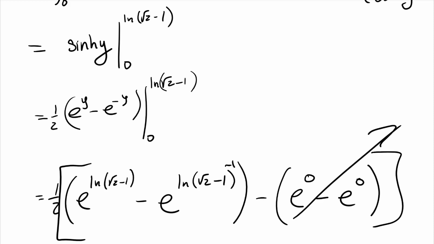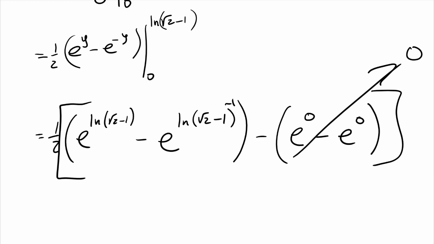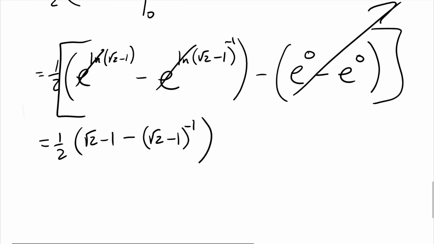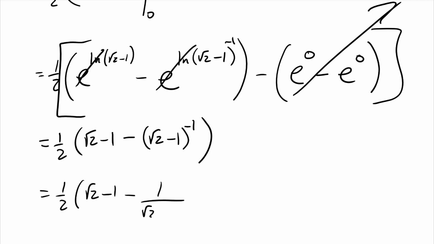Goes to 0. So now we can see that cancels. We have 1/2 times the quantity of the square root of 2 minus 1, minus the square root of 2 minus 1 raised to the negative first power. What is this? 1/2, we get root 2 minus 1 minus 1 over root 2 minus 1.